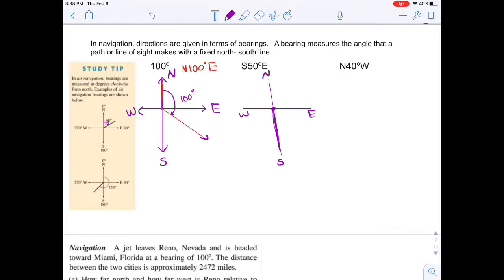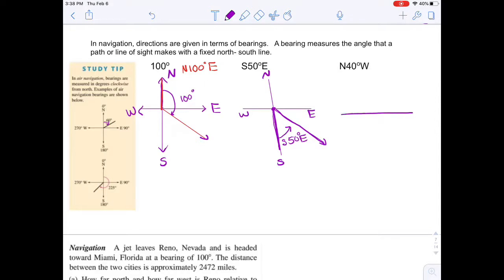So I'm going to start south and move 50 degrees towards east. That would be a little bit more than halfway. So this angle would represent 50 degrees east of south. So that's the bearing there.